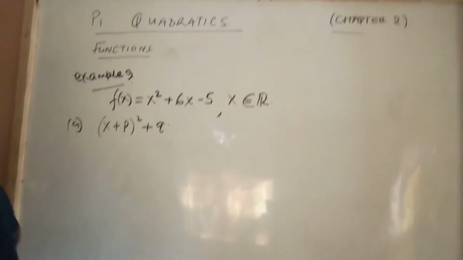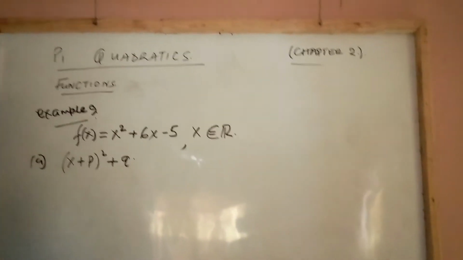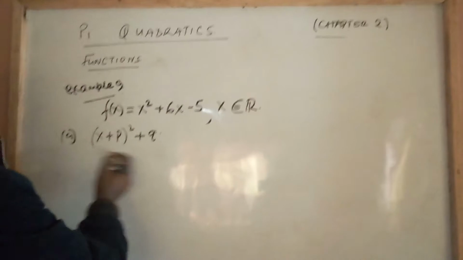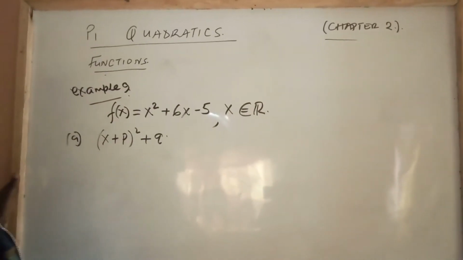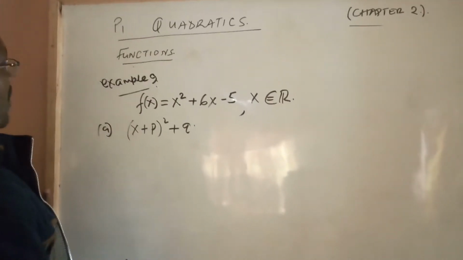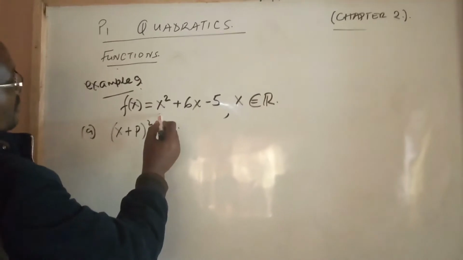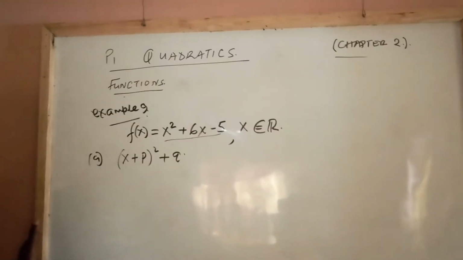If you have watched my previous videos, you would have known that this is written after completing the square of the original statement. What we need to do is try and complete the square of the original f(x).